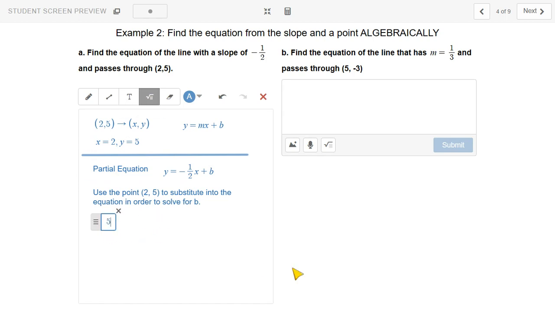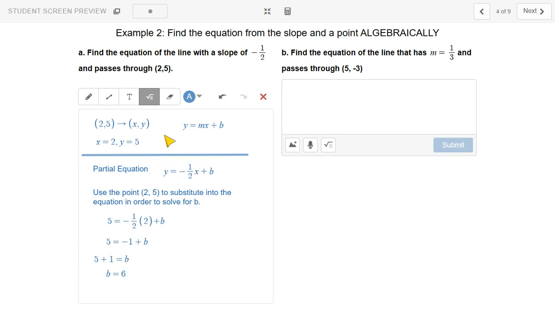Now we have 5 = -1/2 times 2 + b. Let's rearrange the equation to solve for b. 5 = -1 + b. So let's rearrange. 5 + 1 = b, and we have b = 6.